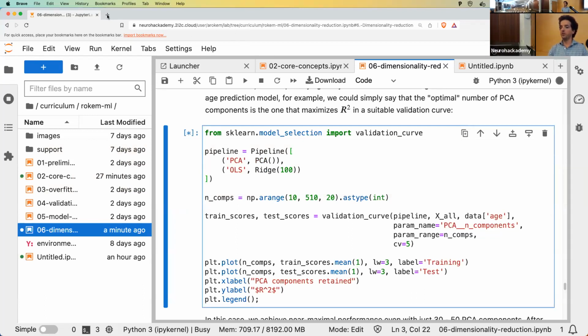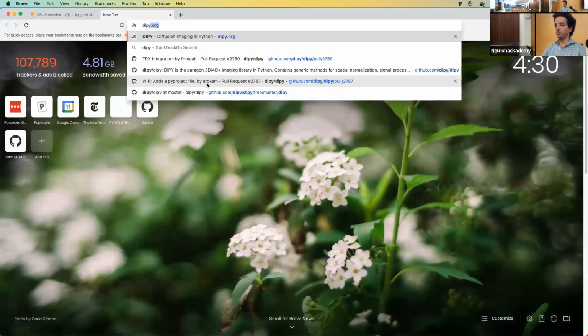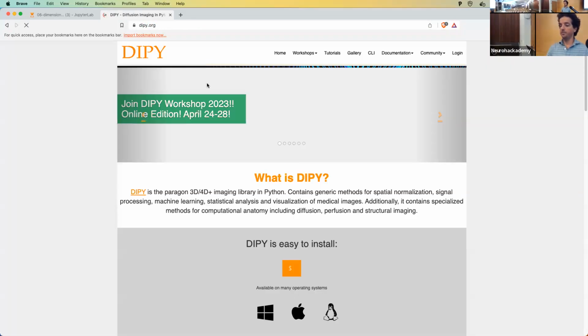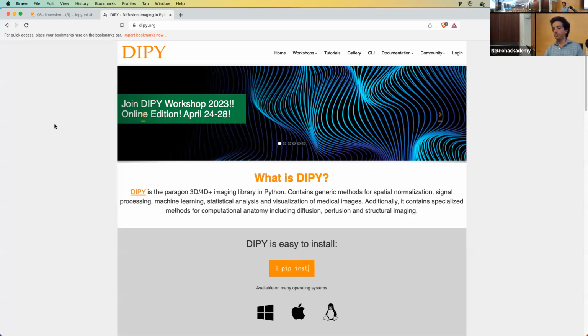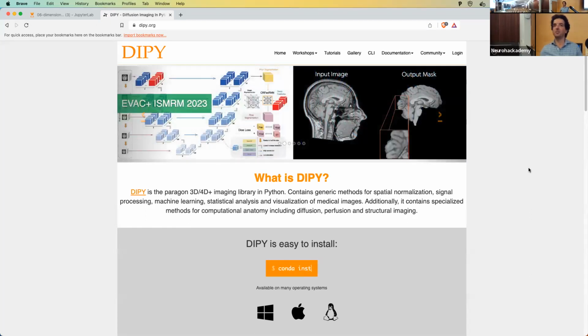So DIPY, okay, I'll go to the DIPY website because that's helpful. dipy.org. DIPY is the Python 3D, 4D plus imaging library in Python, so it says here in the documentation. It's a Python library.